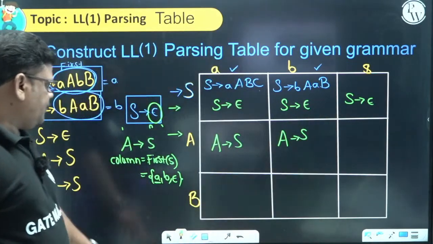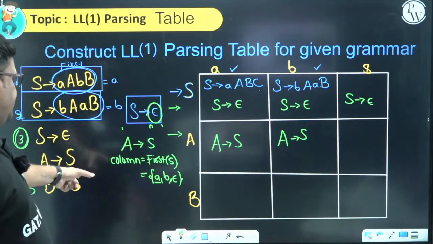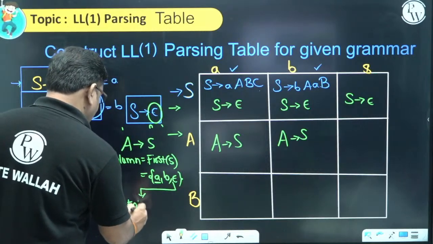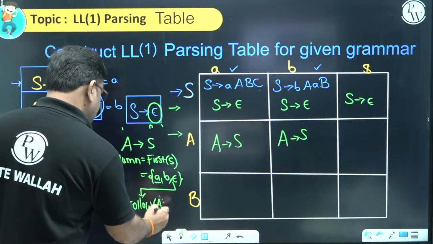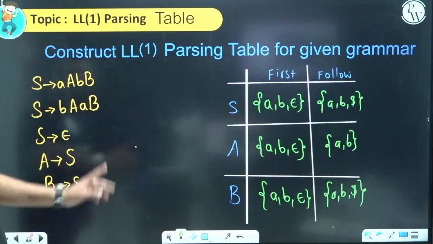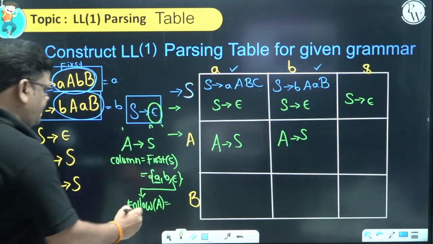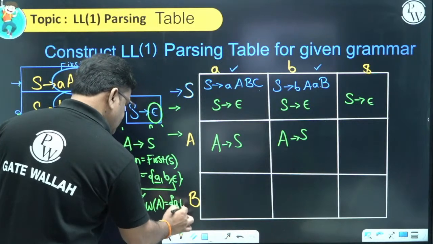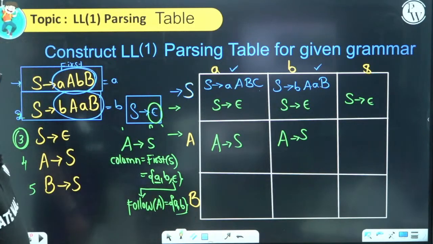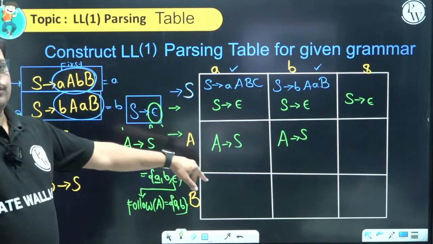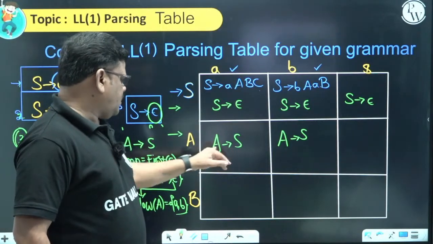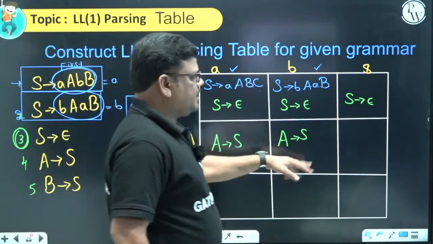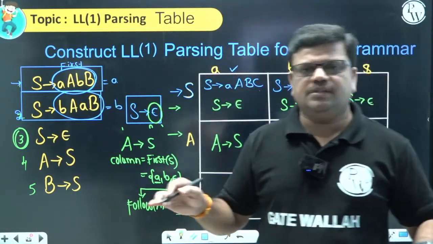And whenever epsilon is there, for epsilon again we need to calculate follow. Whenever we have epsilon, for this calculate follow of A. What is follow of A? Follow of A is A, B. So for the A gives S production, again we have to give it in A and B. It is already there in the A place, and it is already there in the B place. So writing the same production multiple times is meaningless.